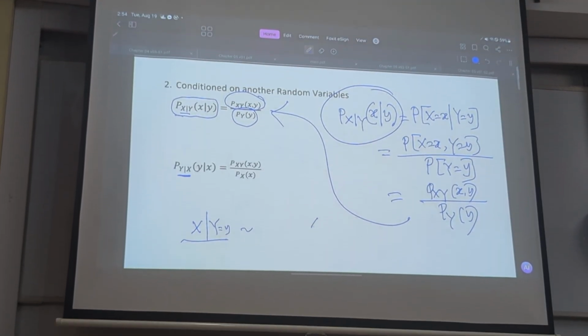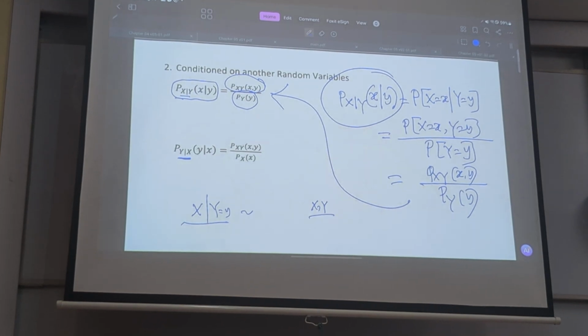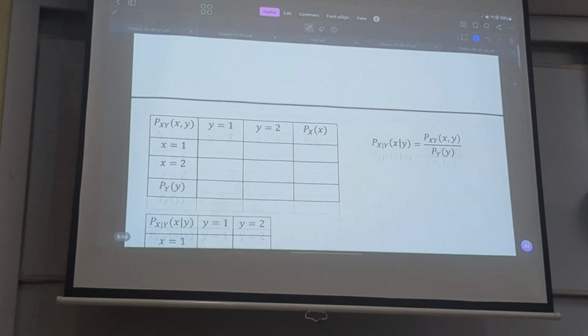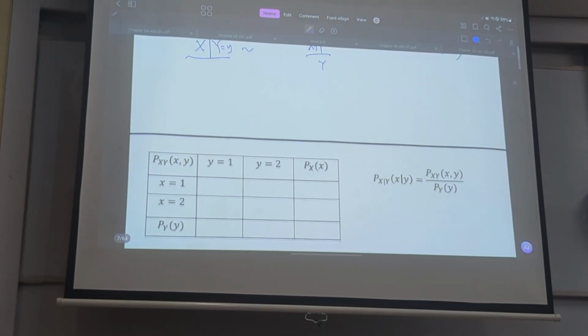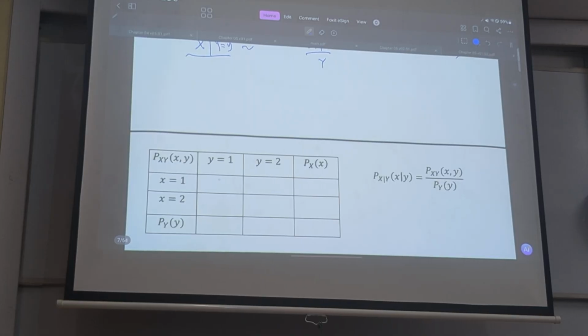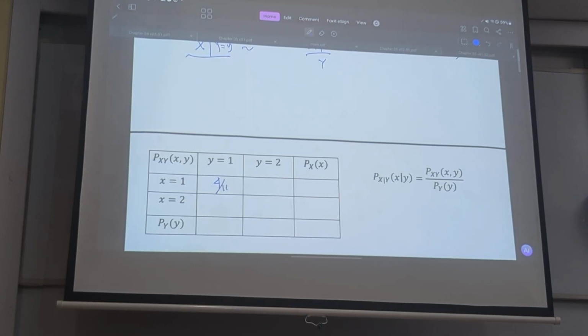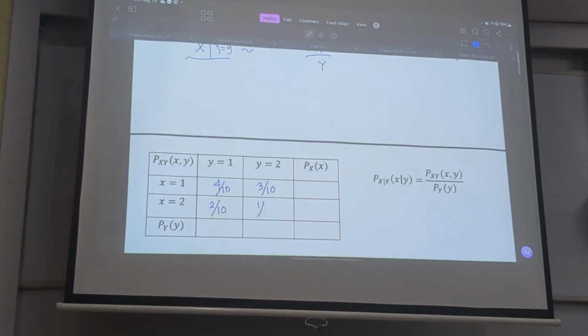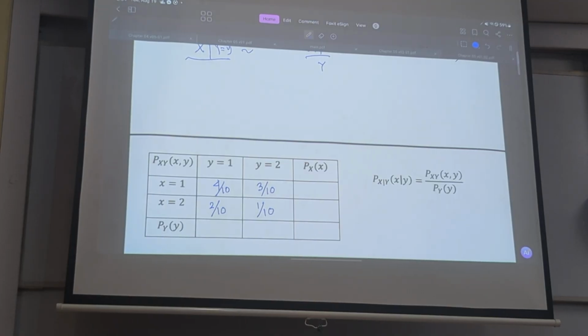The joint probability and the marginal probability of y should be available, right? Now, for this example, let us focus right here. The joint probability of x and y is like this. Point 4, point 3, point 2, point 1. Instead of writing that, I have written 4 by 10, 3 by 10, right?